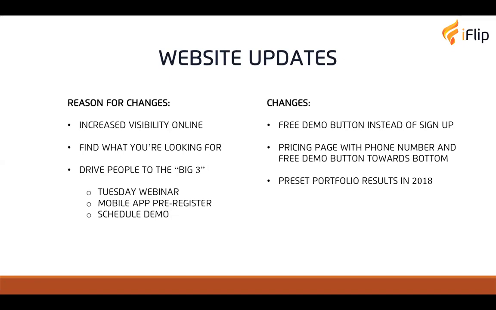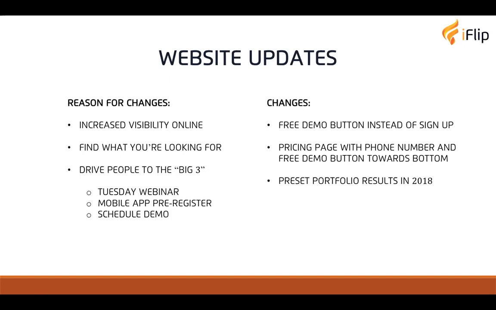The big 3 alluding to our Tuesday webinar, our mobile app pre-registration, and scheduling a demo with our in-house sales guy, Lee. So those are the 3 big lead captures that we're focusing on at this stage of our company. And we want to make it as easy as possible for you and the prospective buyer to find those 3 things and sign up for those 3 things. So that's the reason for the changes.